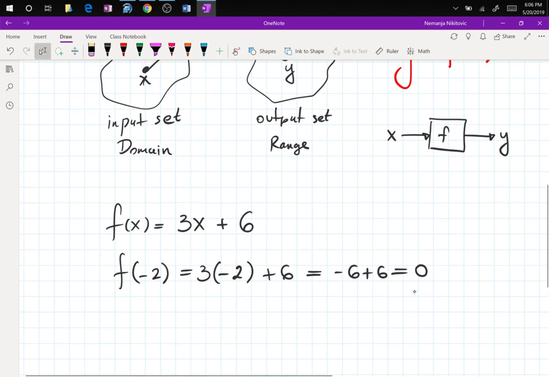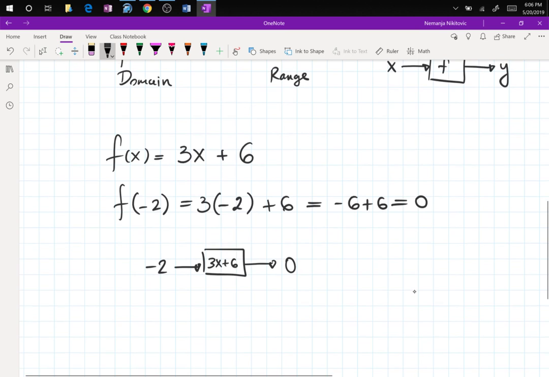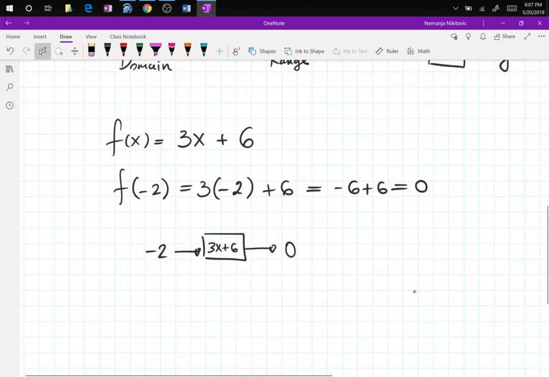So if you want to use your block diagram, negative 2 comes in, 3x plus 6 operates on it, spits out 0 on the other end. So, function changes numbers. Technically, that's what it does.